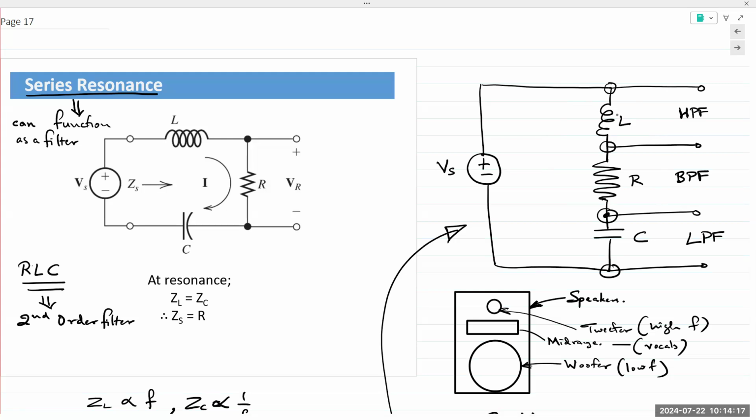As far as the circuit is concerned, the R, the L, and the C are all connected in series. Hence it's a series connection. And at a particular frequency, an electrical phenomenon takes place, and that phenomenon is known as resonance. Hence the name, a series resonant circuit.